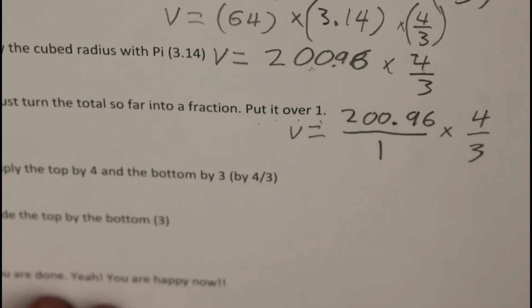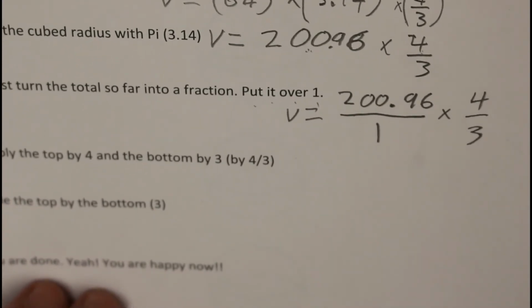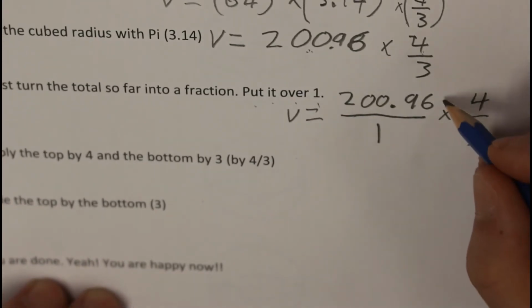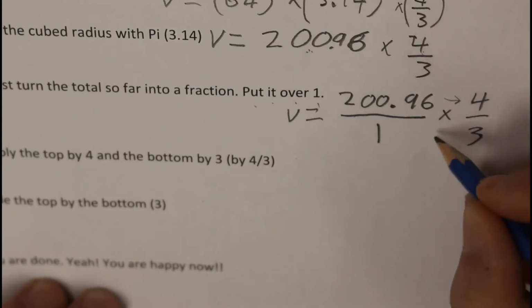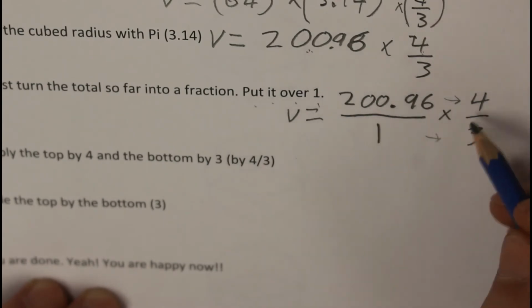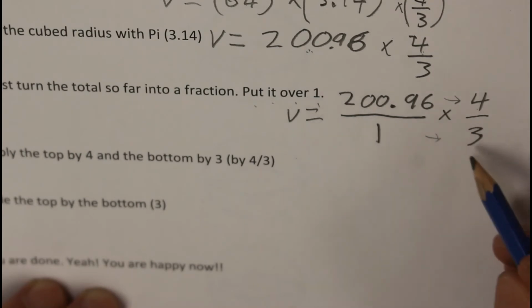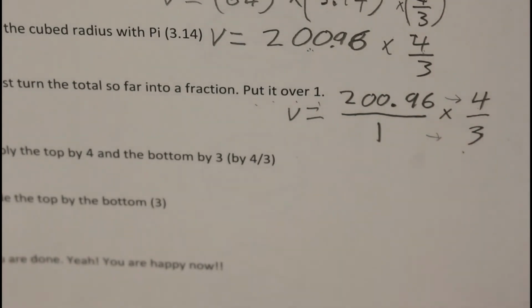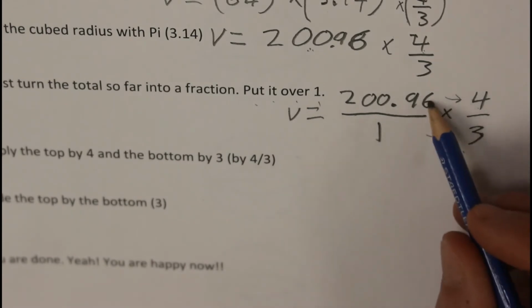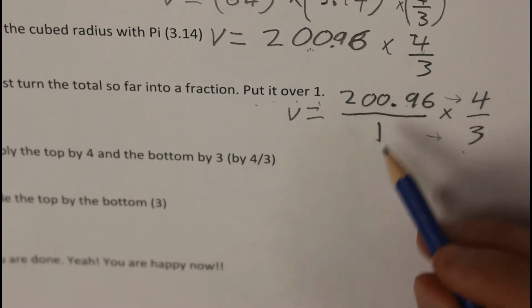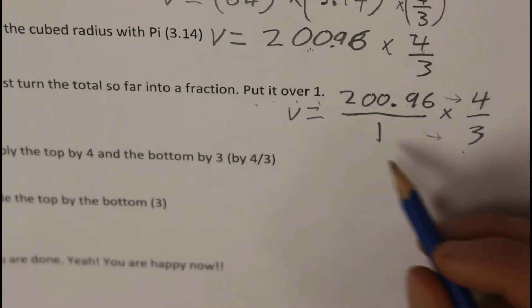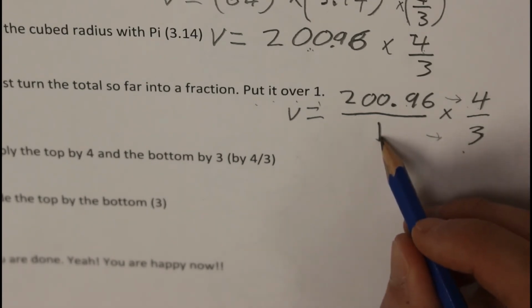And the great thing about multiplying fractions is it's just straight across. There's no kind of weird things. It's just going to be 200.96 times 4 and 1 times 3. So you're just going straight across.